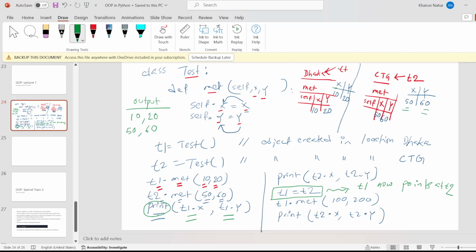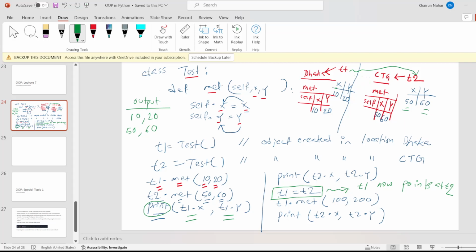So T1 was pointing at Dhaka over here. After this line, T1 now points at T2. And we know that T2 is pointing at CTG. So this line means T1 is pointing to T2 and T2 is pointing to CTG, and indirectly T1 is also pointing at CTG.